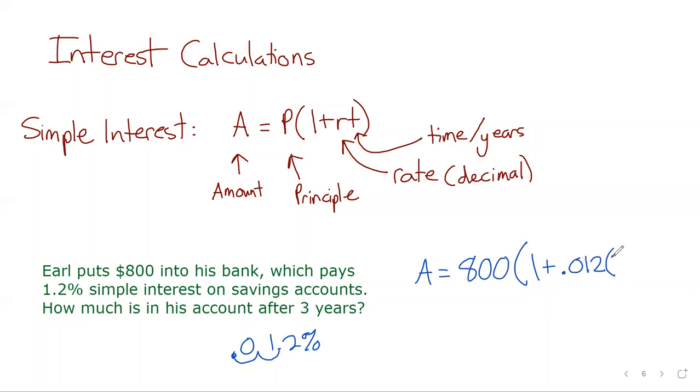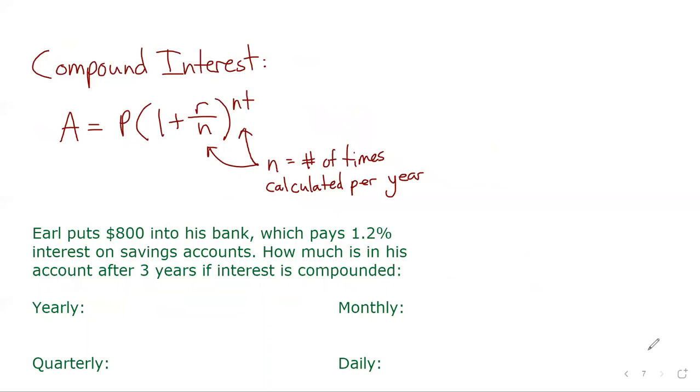And you get that 3 times. And again, I've done the calculation in advance. That would give us $828.80.